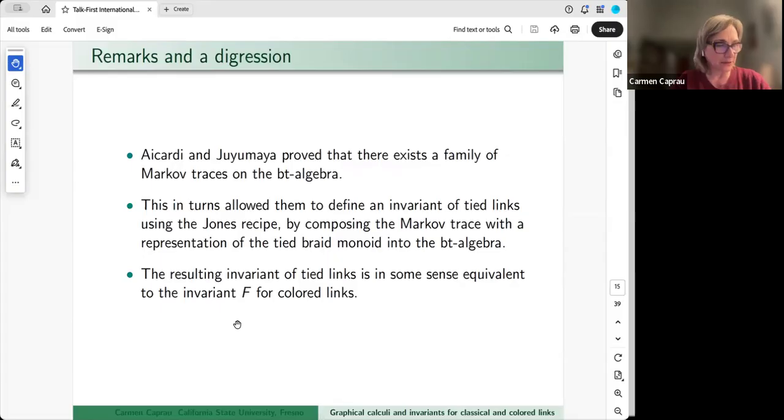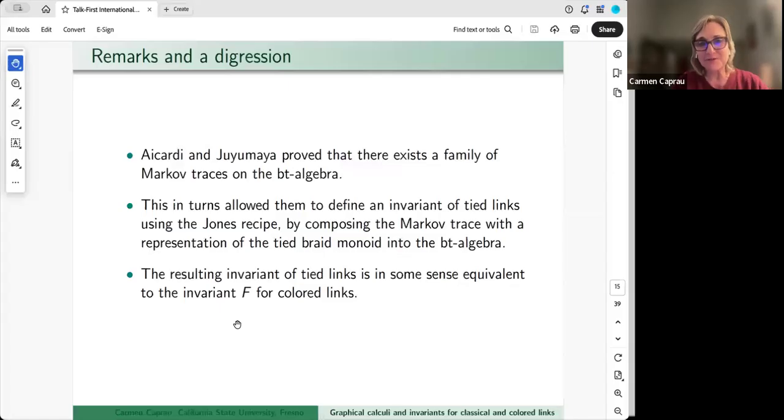Only that in the research with my students, we decided that it would be easier to work with colored diagrams instead of ties, because the diagrams get too messy with too many lines or vertices and so on.